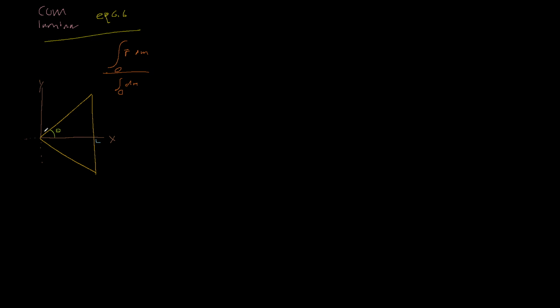So why do we cut it in half? Since it's cut in half, we only really need to consider the top half. Because of symmetry, we can say that the center of mass in y is equal to 0, because that's right down the center.